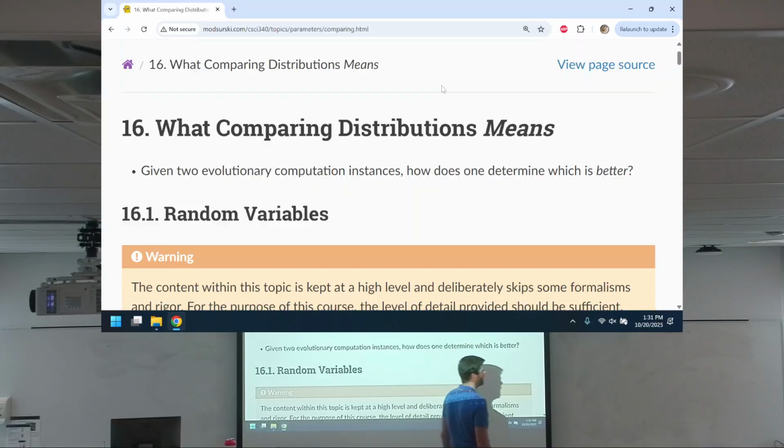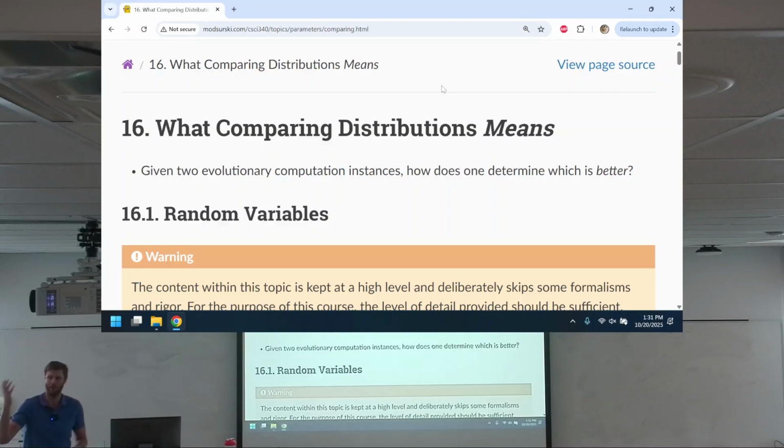Great. Then you change it a little bit, let's say you wrote a new crossover and think it's better. So you make the change and run it again. Maybe it's got better results, maybe it got worse. But how on earth do you actually compare these things?